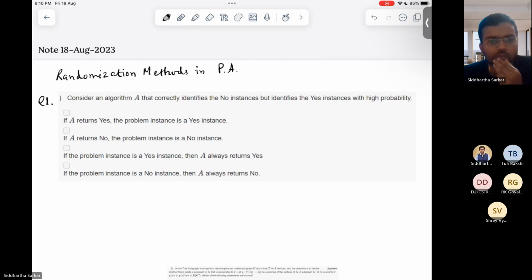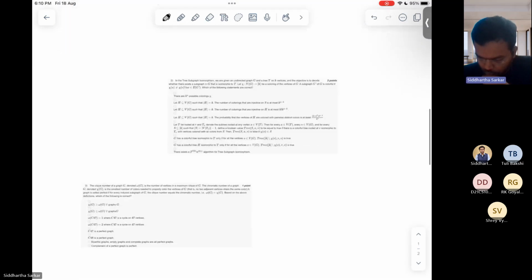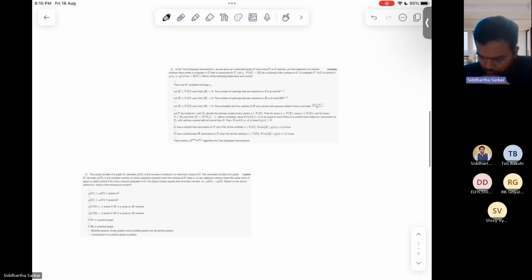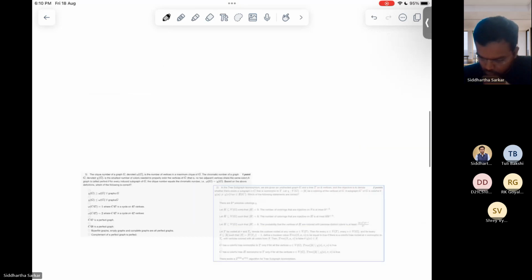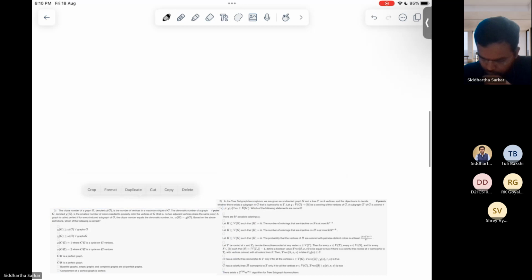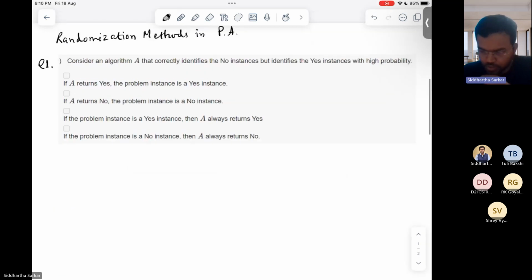The question has 4 options, so you have to choose the correct option. Before we go to this, let me just rearrange the other questions. I think this much space is sufficient.